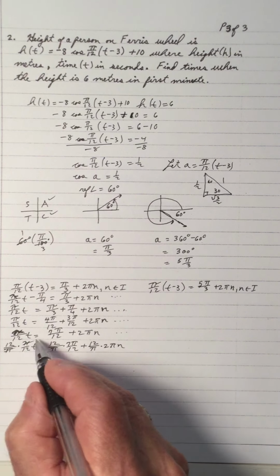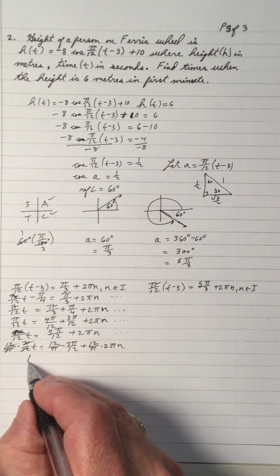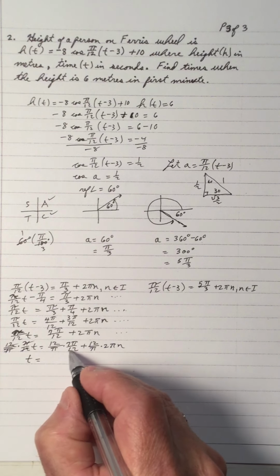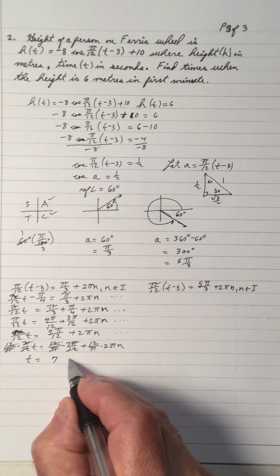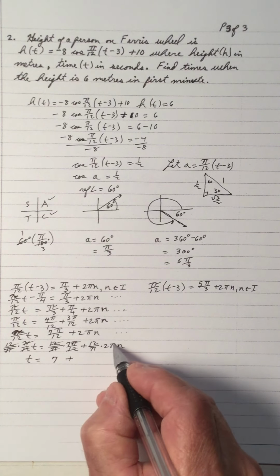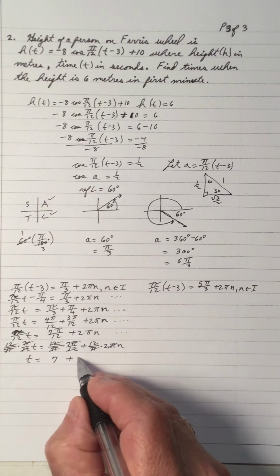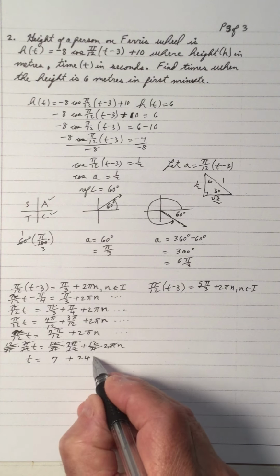And again, the pi's cancel out, 12 cancels out, so it gives me a 1t. The 12's cancel out, the pi's cancel out, so I get a 7, plus the pi's cancel out, so I get a 24n.